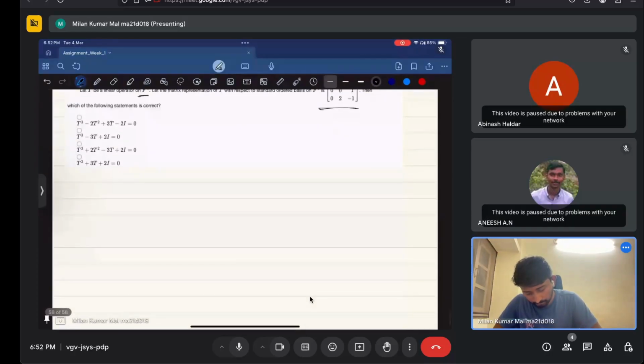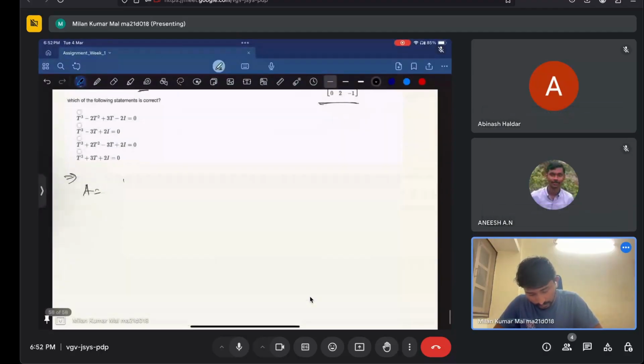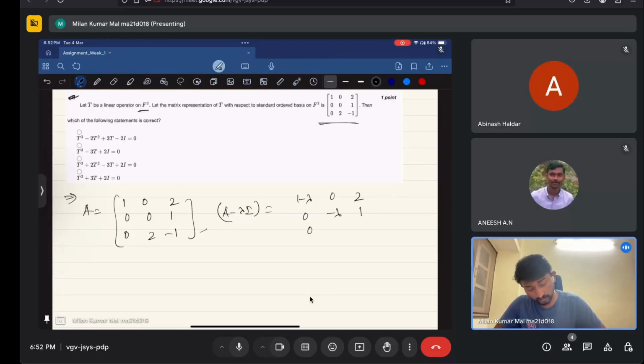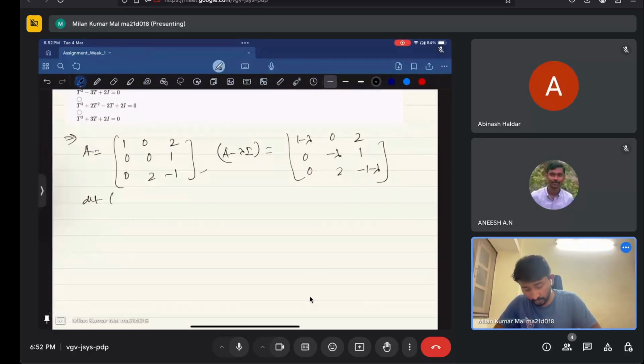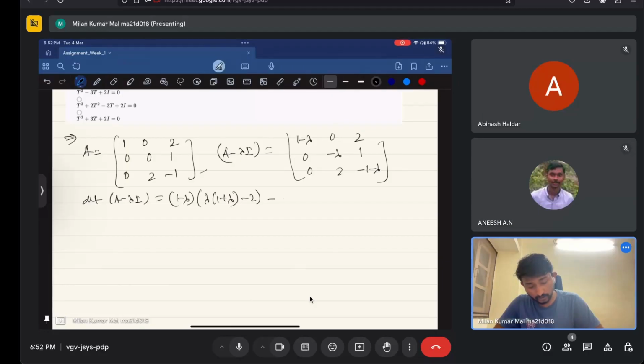Let A be the matrix given as 1 0 2, 0 0 1, 0 2 minus 1. Therefore A minus lambda I is 1 minus lambda, 0, 2; 0, minus lambda, 1; 0, 2, minus 1 minus lambda. So the determinant of A minus lambda I is (1 minus lambda) into (lambda into (1 plus lambda) minus 2).